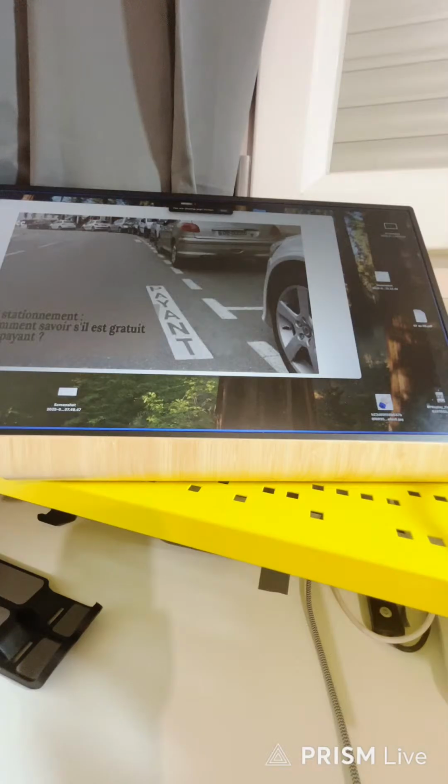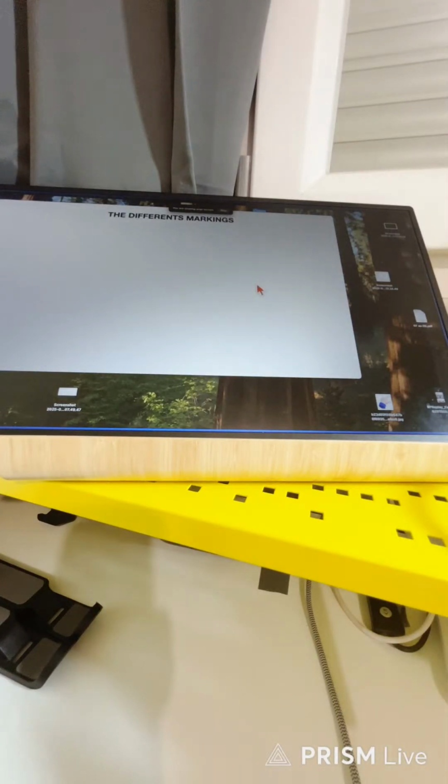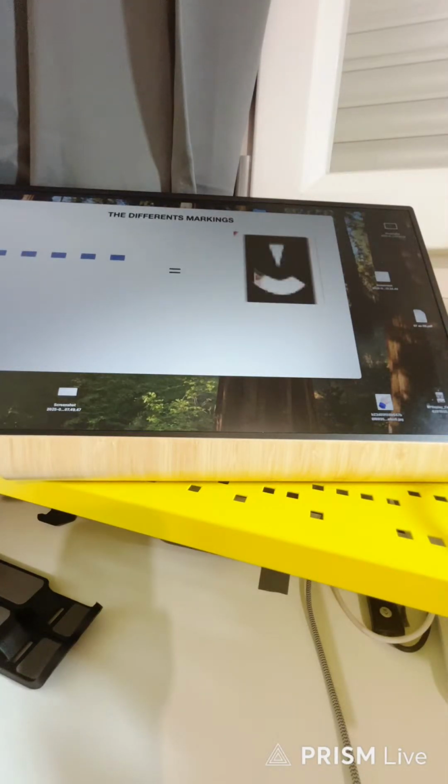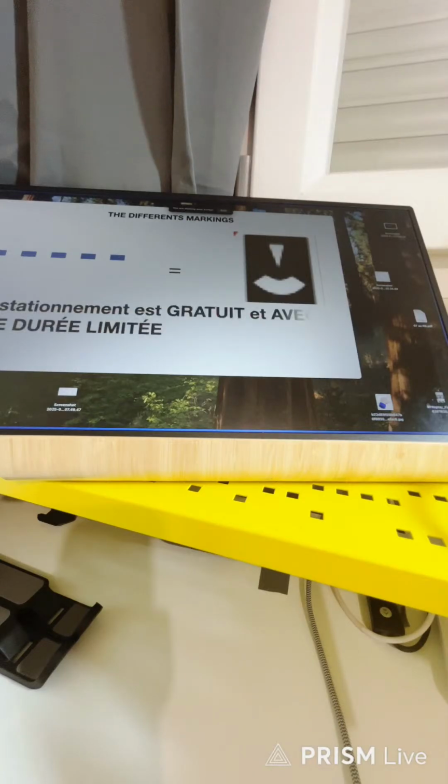Okay. So another type of parking that you can see is this symbol. If you see this symbol, it means the parking is avec le disque, with a disc.